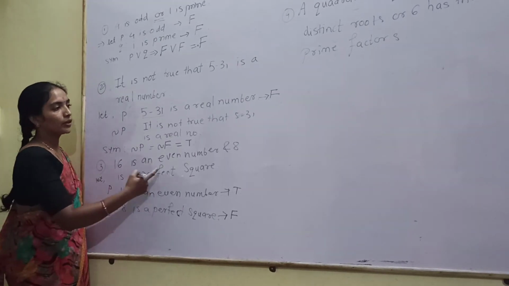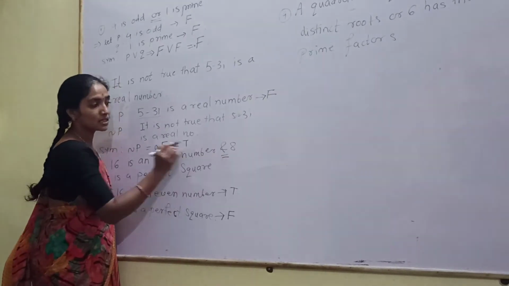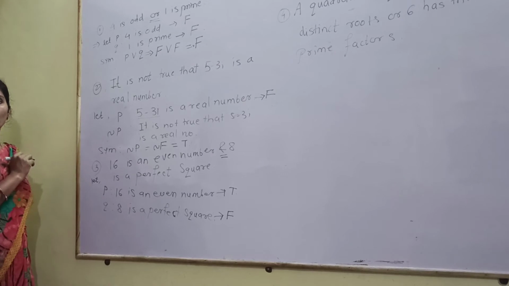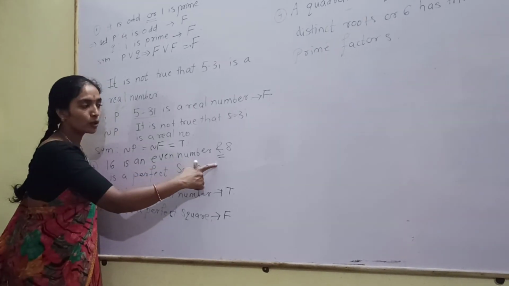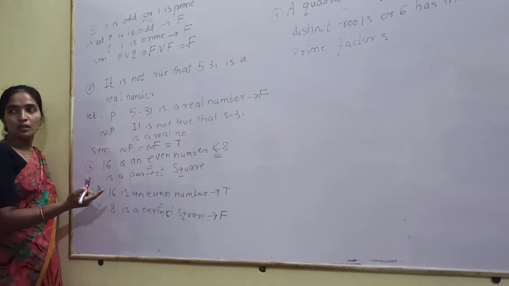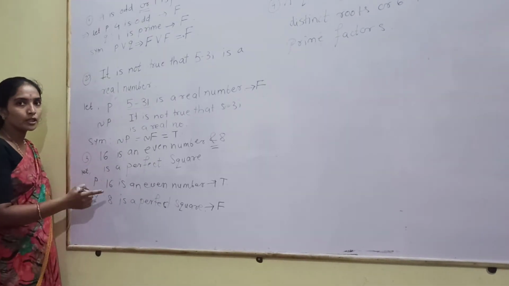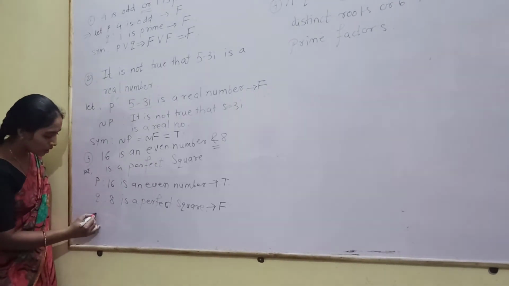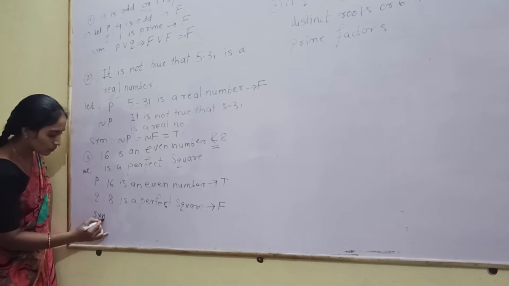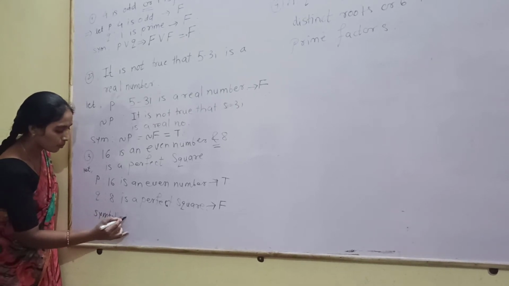Here, the connective used in this compound statement is and. This means if both are true, then and only then the truth value of this statement is true. Otherwise, it is false. Therefore, first of all, let me write its symbolic form.